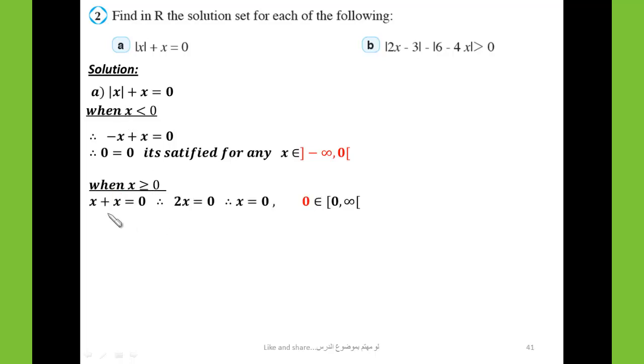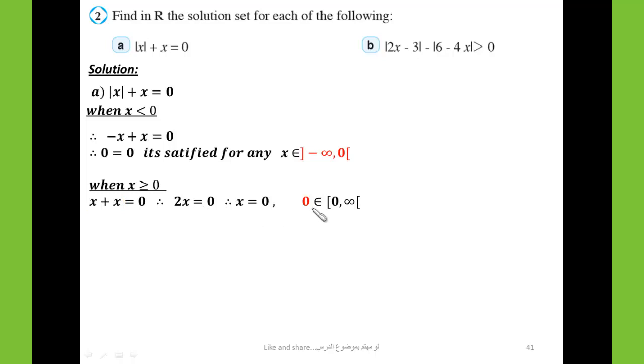So instead of absolute of x, we write positive x. So we have positive x plus x equals 0. X plus x equals 2x equals 0. What is the solution of this equation? When 2x equals 0, then x equals 0.